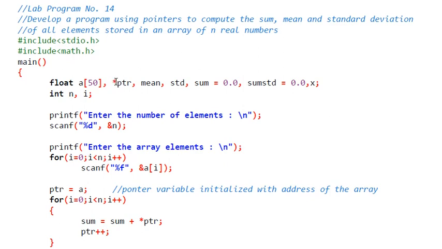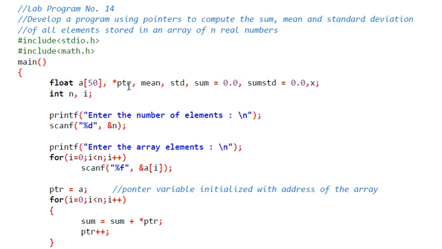A star should always be there, immediately followed, with no space in between, by the name of the pointer variable. The meaning of this is that we have created a pointer variable called ptr, which can store the address of any floating type variable. I will repeat, star ptr means what?